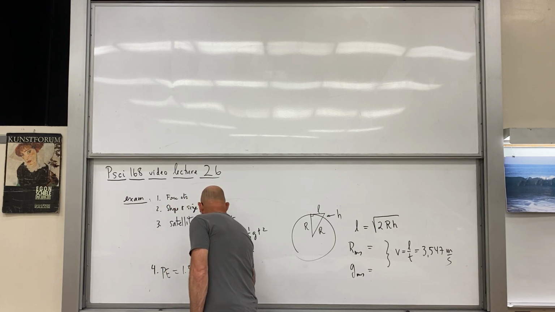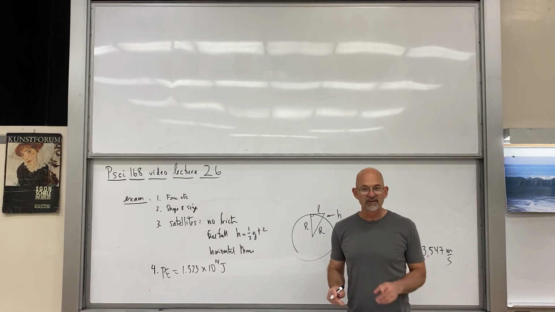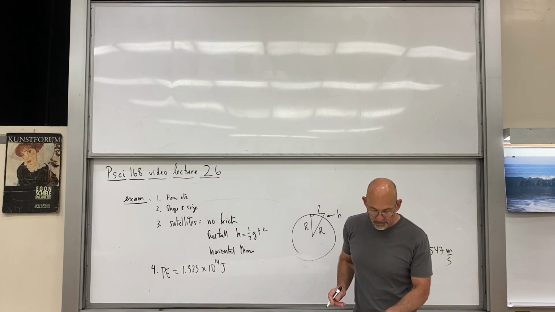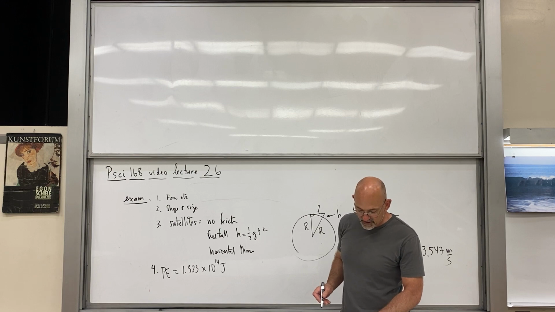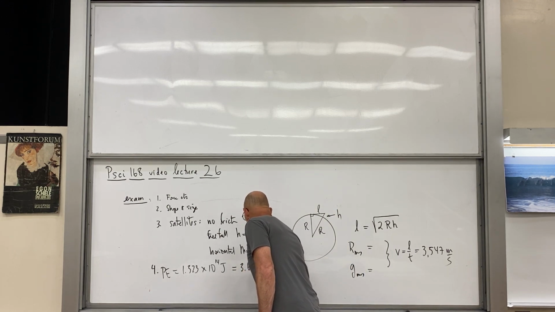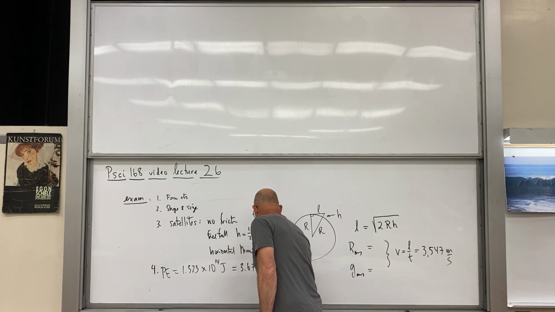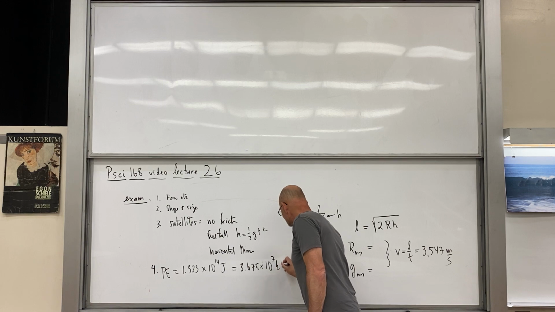I used g as 9.8 meters per second squared. And when you do the conversion, you get 3.675 times 10 to the 7 kilowatt hours.